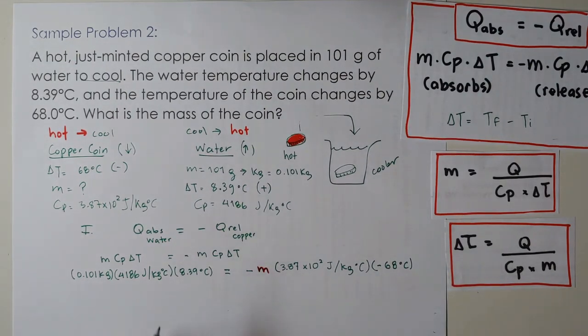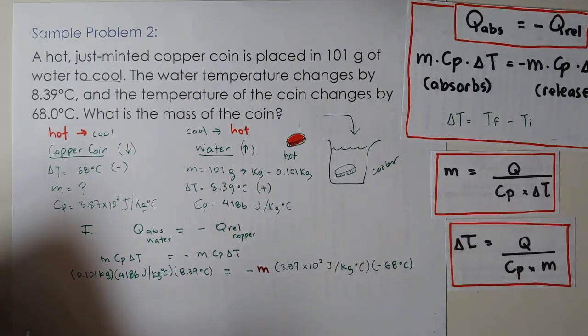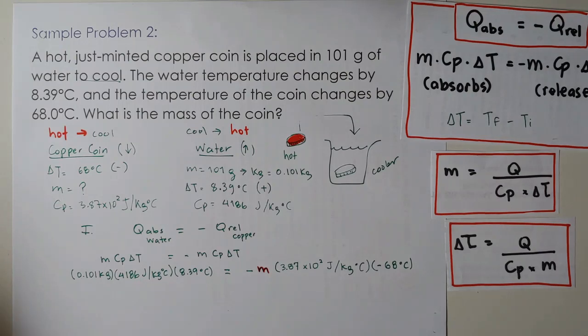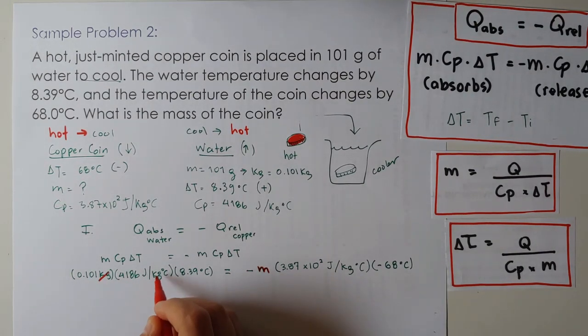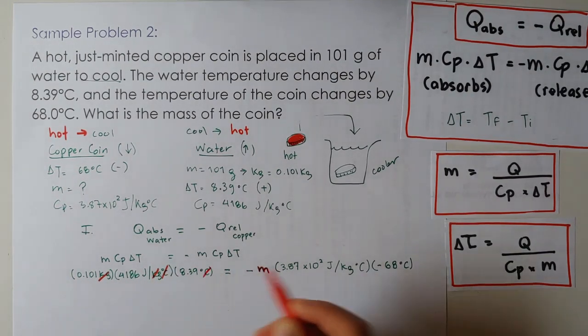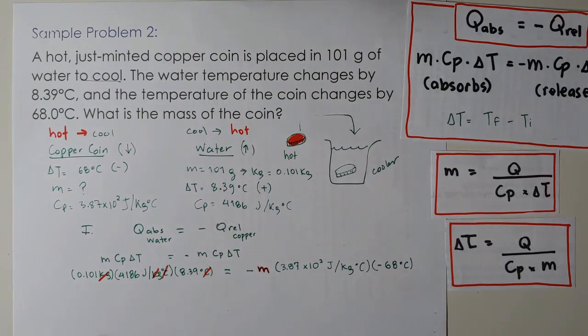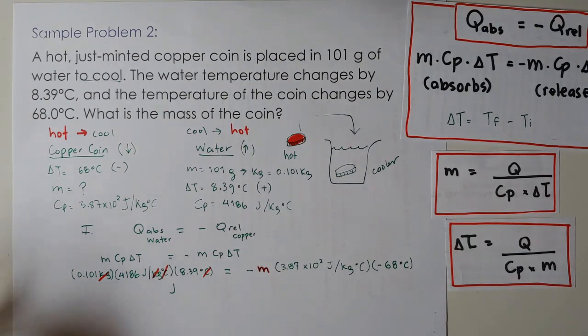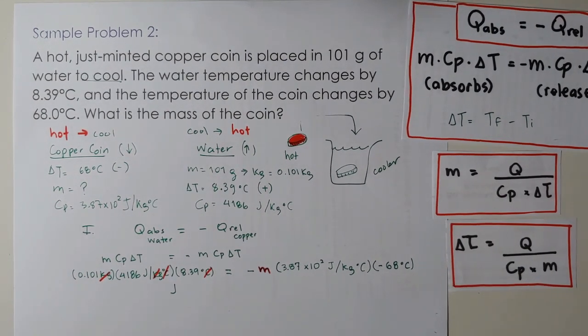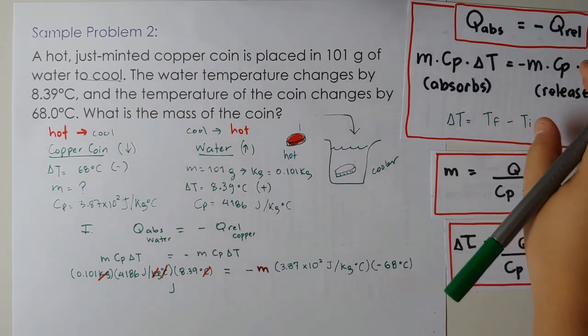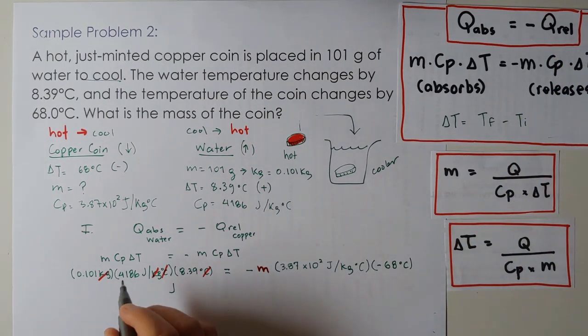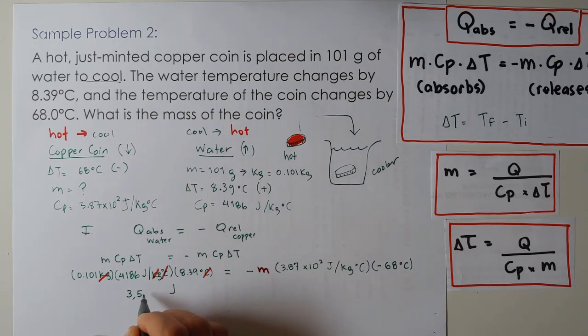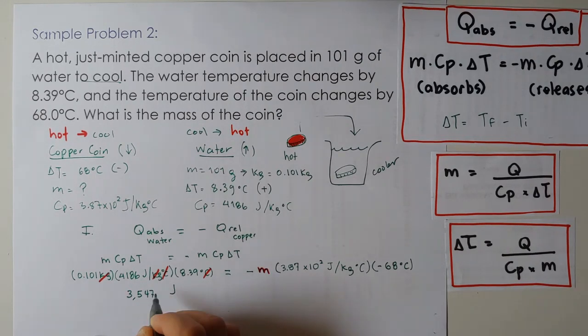So do the math here and take a look. My kilograms and kilograms will cancel, and also my Celsius and Celsius will cancel. So here my answer will be in joules. Now perform this in the calculator. Well, this gave me 3,547.17 joules.